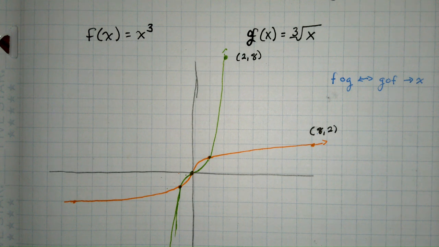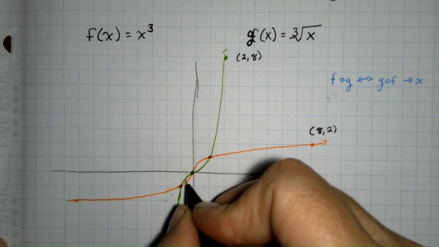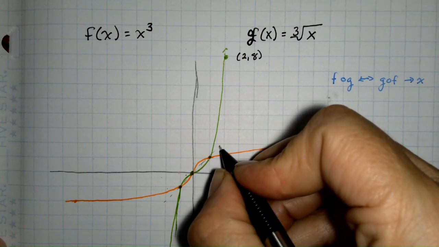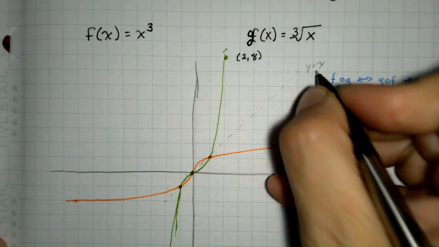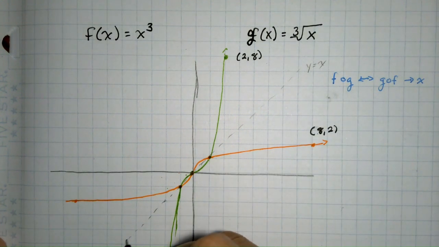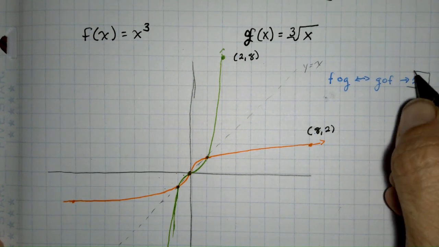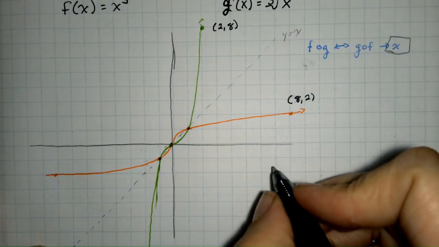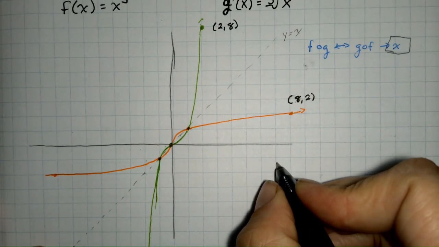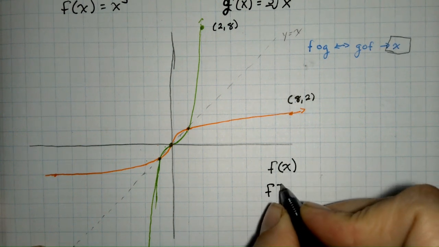Graphically, we can see these are inverses because they fold over a line of reflection, y equals x, which just happens to be that, right? So if this is our original function, then we denote the inverse by using a negative 1.